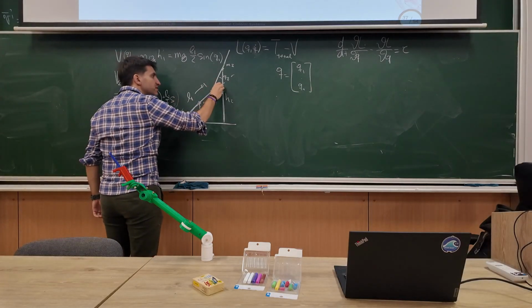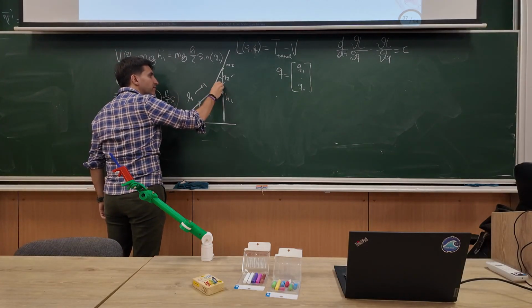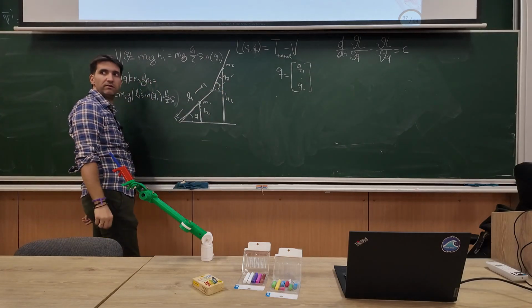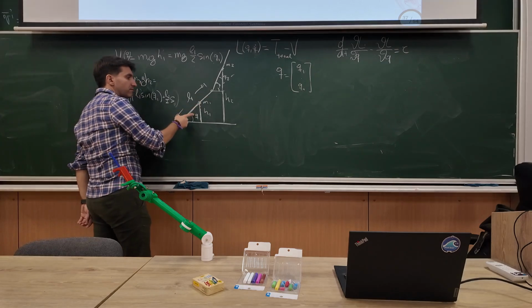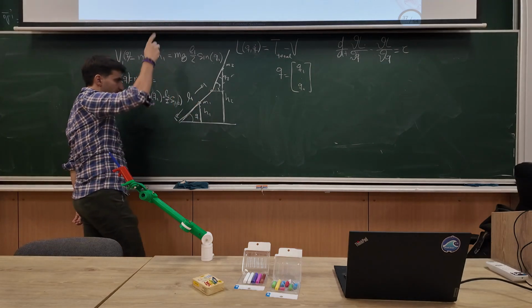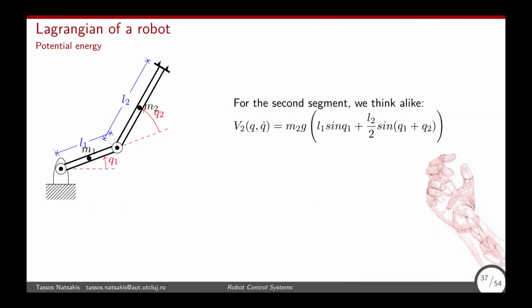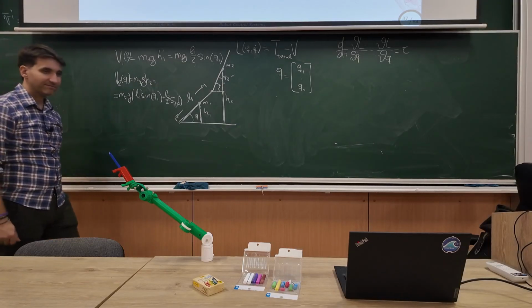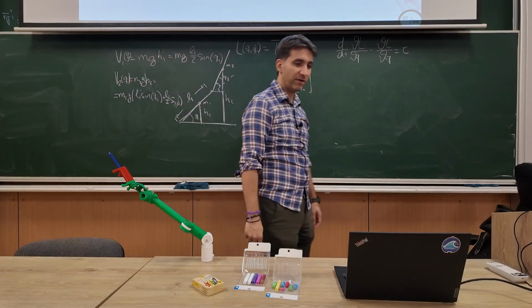Because Q2 is just this part. But I need this whole angle. Right? This is Q1. So this is Q1 plus Q2. Thank you, slides. Easy to get carried away.